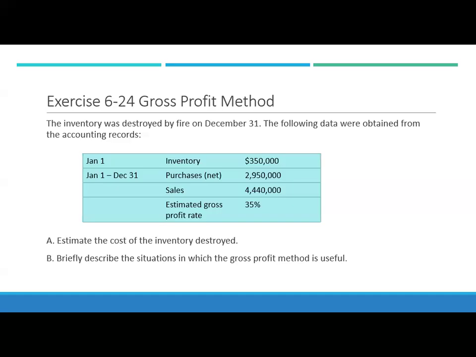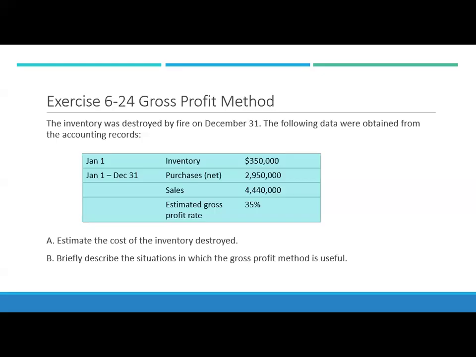And under the gross profit method, this is an example here. We're estimating the cost of the inventory destroyed. So there was a fire. It's impossible to even count the inventory. It was all destroyed in a fire. We have to determine how much was there. And then we're going to estimate this using the gross profit method.